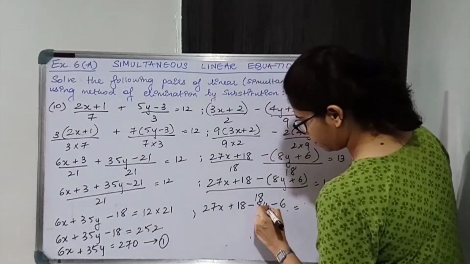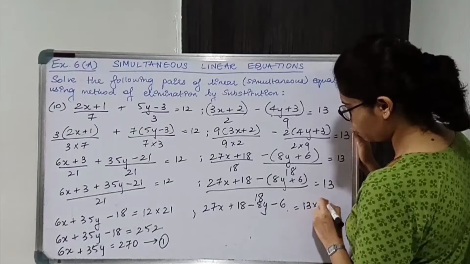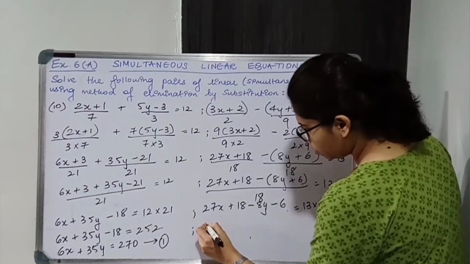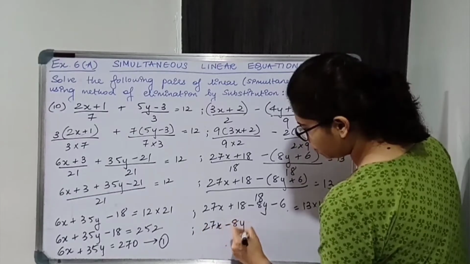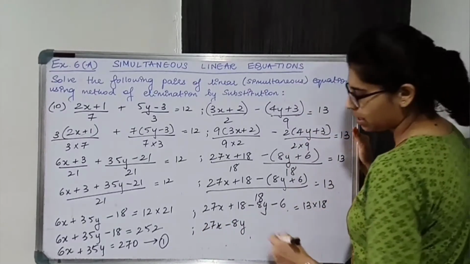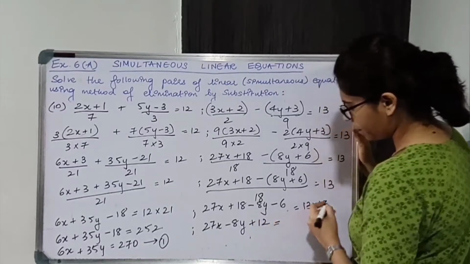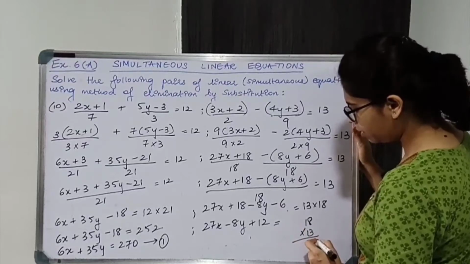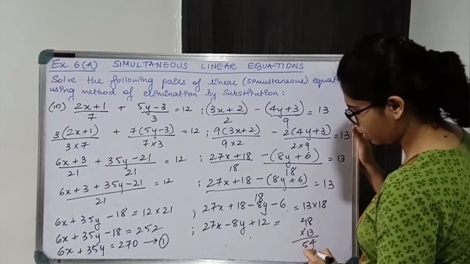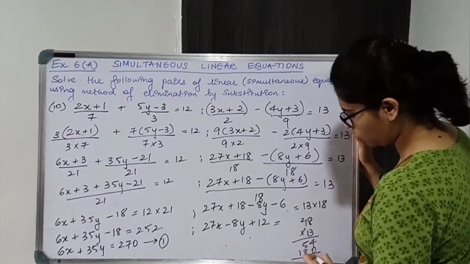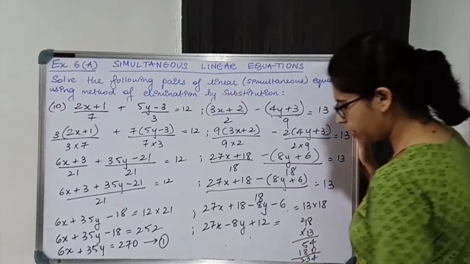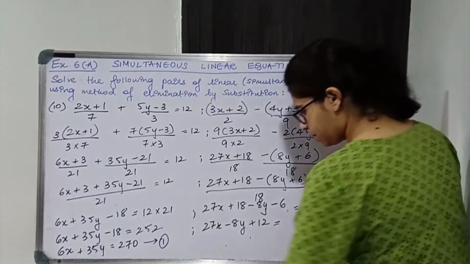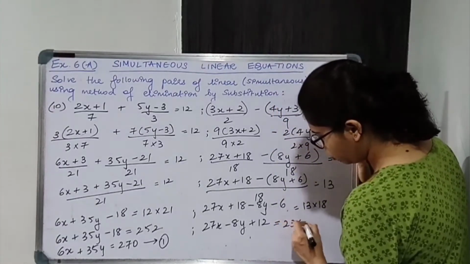So 13 into 18 will be there. Over here we'll get 27x minus 8y and 18 minus 6, that will give 12. Over here 13 into 18, so 8 3s are 24, 5 carry, 8 1s, so 234.